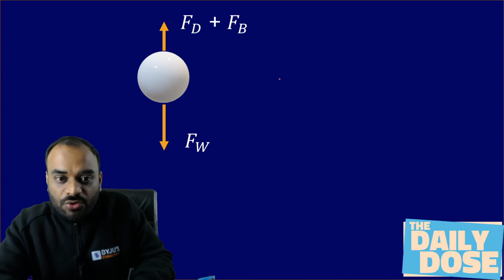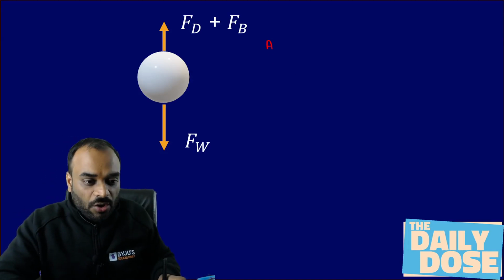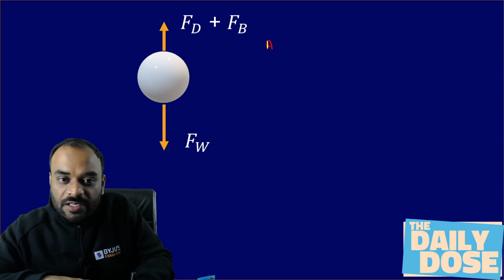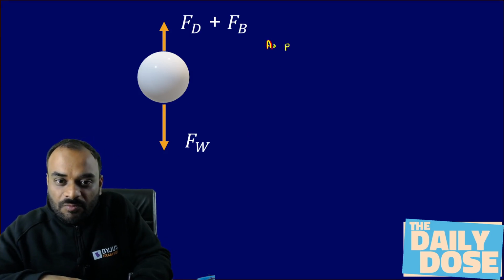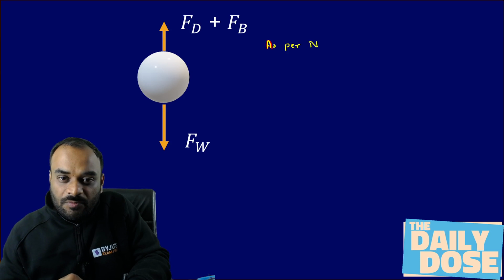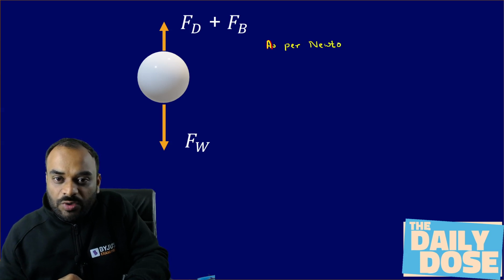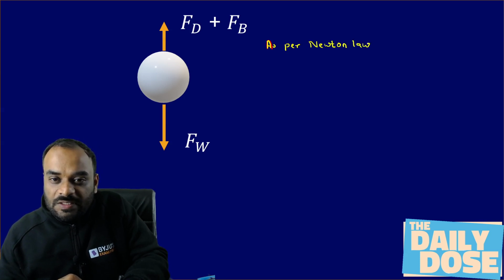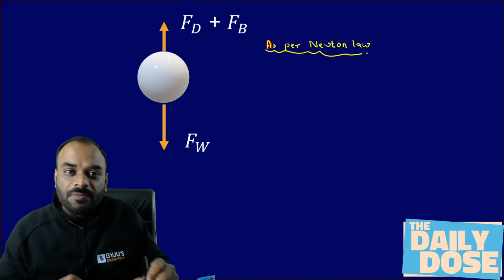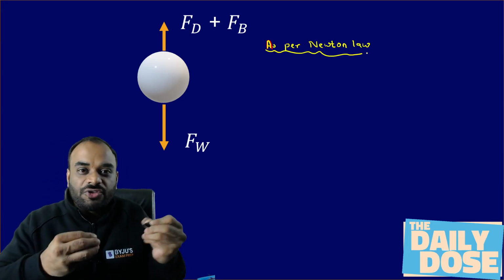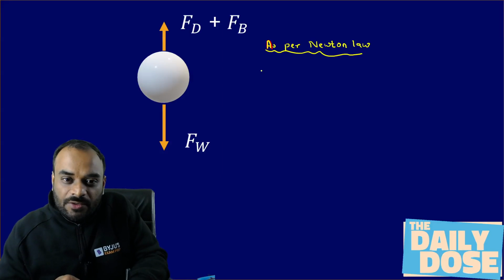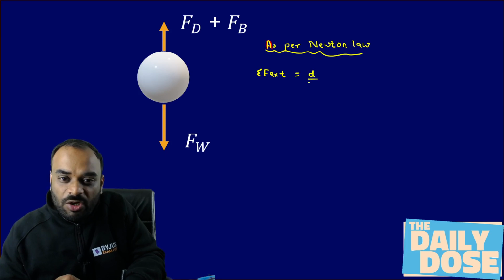As you know, as per Newton's second law, we can say that the summation of F external is equal to the rate of change of linear momentum, right? So summation of F external is equal to the rate of change of linear momentum.